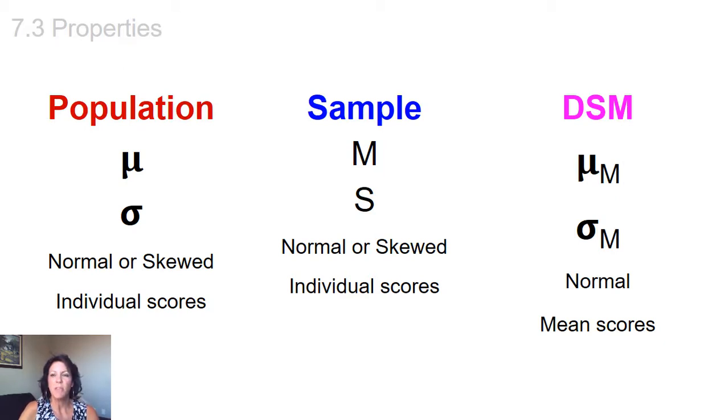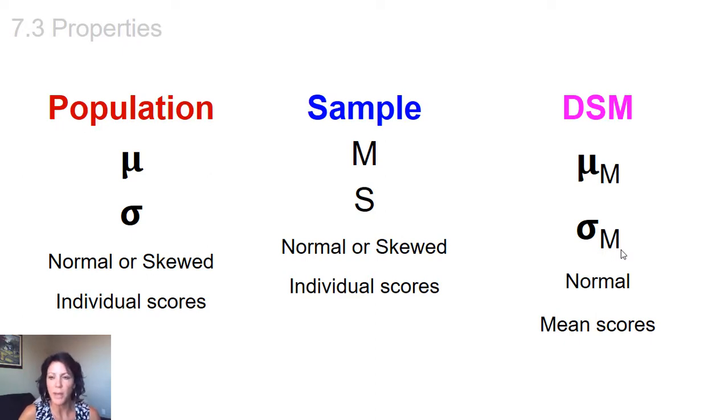And we use this symbol right here, which looks like the mu with an M below it. And we're going to call this the expected value of the mean. And underneath this, we have what looks like standard deviation, but we have an M next to it. And this is going to be our symbol for standard error. We call it standard error of the mean, but I'm just going to call it standard error.